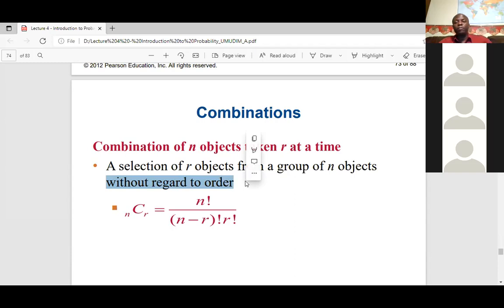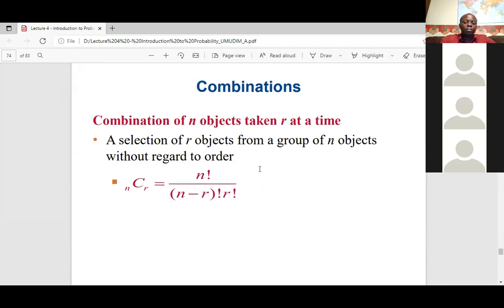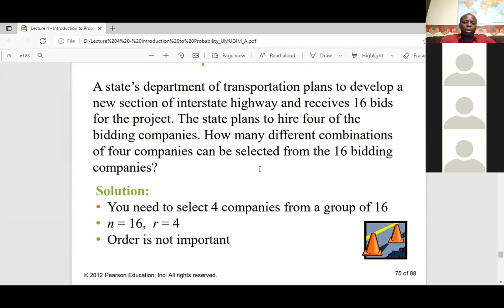That's what makes it different from permutation. The formula is this: NCR, that means N combination R, equals N factorial divided by N minus R factorial times R factorial. So all you have to do is figure out what N is and what R is, and then you can put it in this formula, or you can put it in your calculator and get your answer. So let's see how it works.